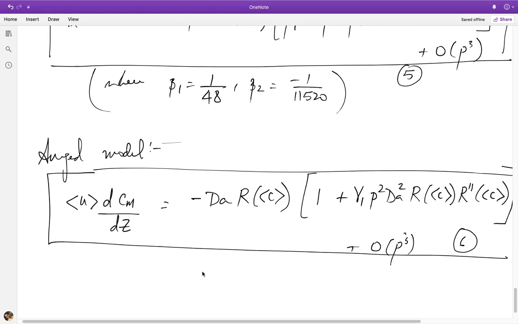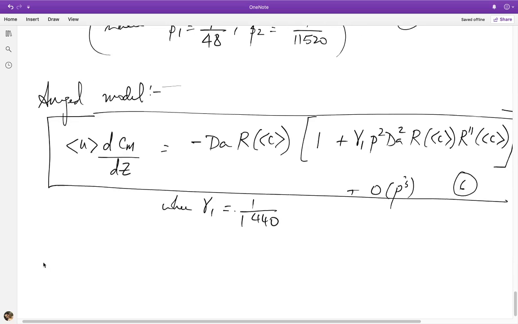Okay, so again here gamma 1 has a value of 1 by 1440. This comes out if you do the calculation. Alright, so now 5 and 6.